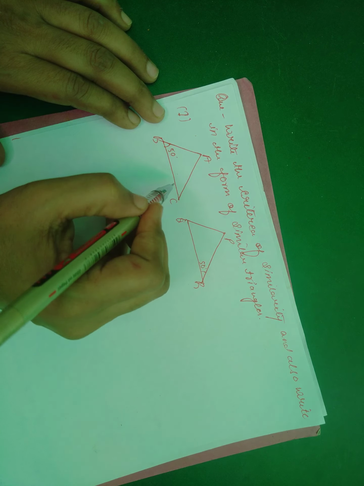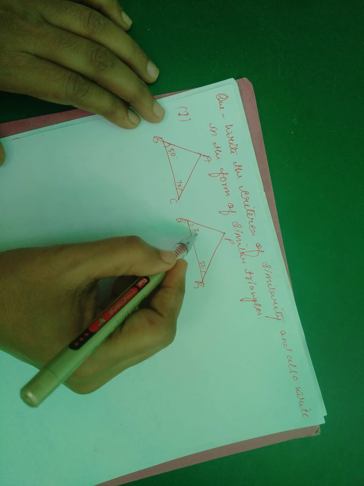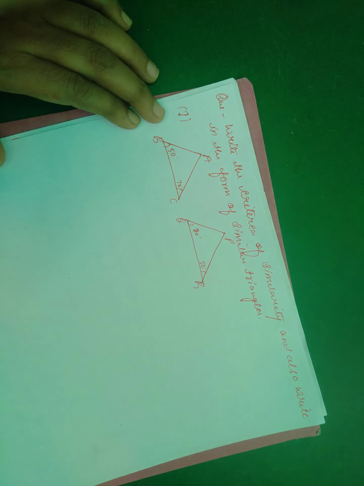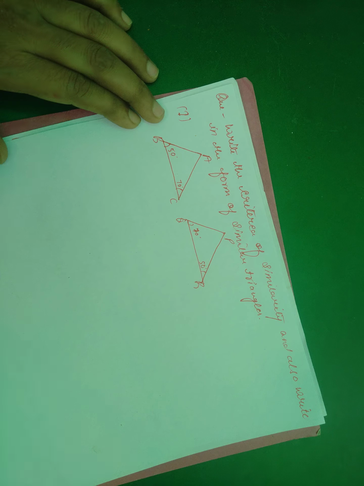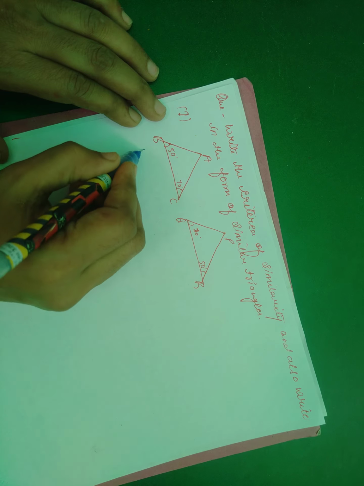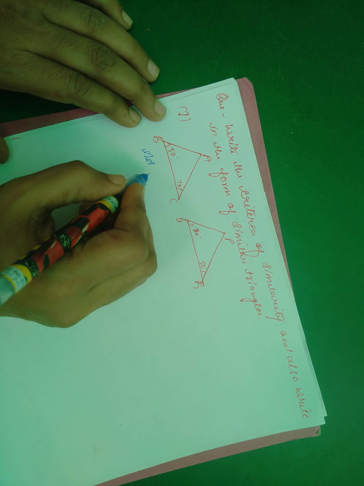Okay, this angle is 70 degrees and angle Q is 70 degrees. So in this, what will be the criteria of similarity? Here the criteria of similarity is AA, because two angles are the same.